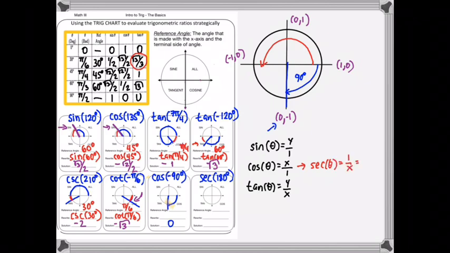So I go ahead and go 1 divided by a -1, which is just going to give me a -1 here, okay? Because the x value that it's pointing to is going to be a -1. So anytime they go right to an x or y axis, and the terminal side of the angle falls on it, then you know that you can just use the x and y value, and that's the easiest way to knock those things out.